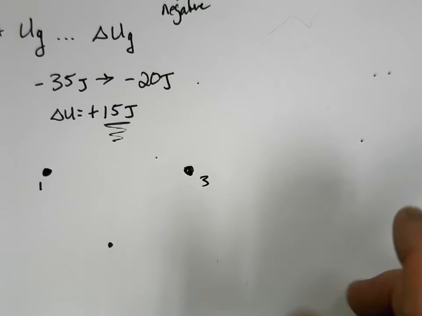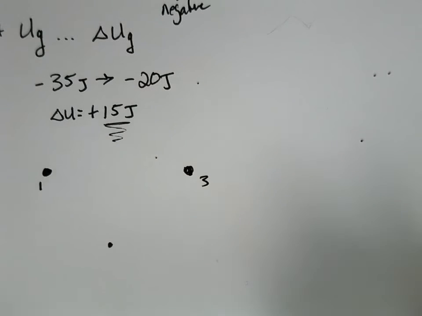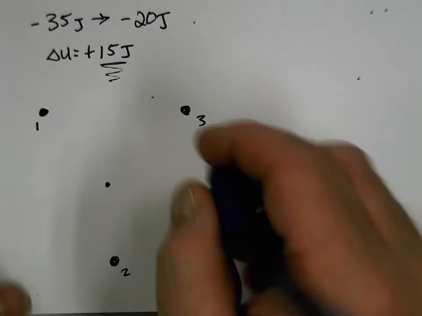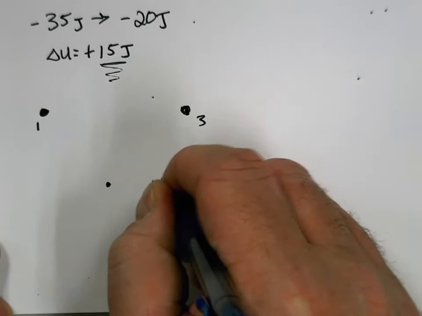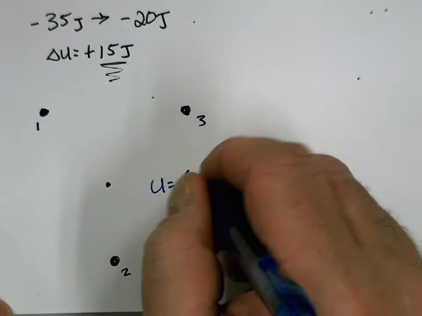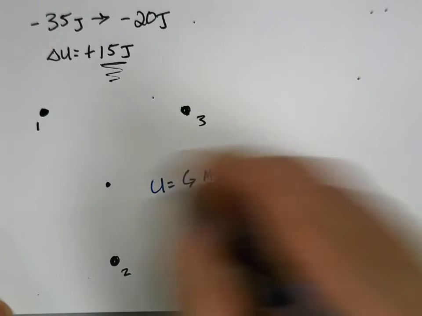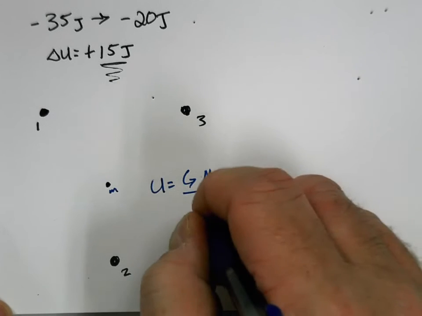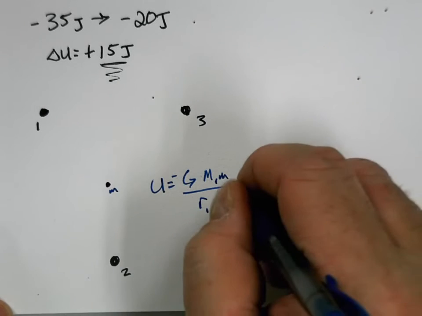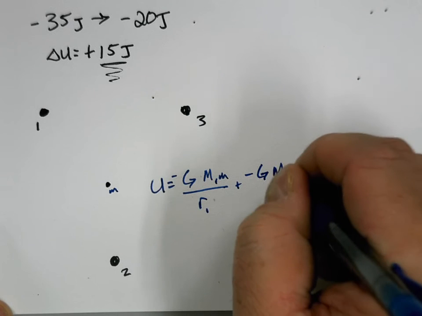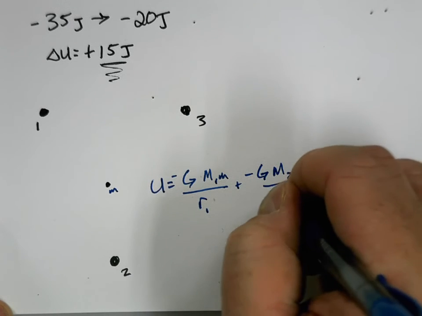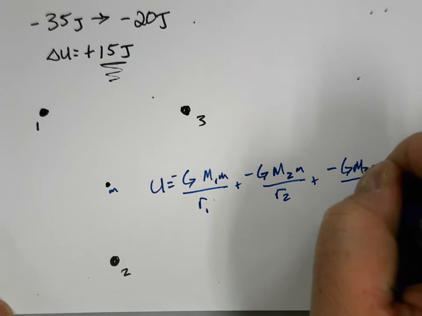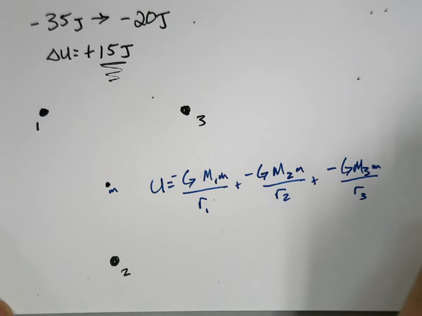The potential energy U on this object is going to equal negative G times the mass of 1 times the little mass over R1, plus negative G times the mass of 2 times the little mass over distance 2, plus negative G M3 m over R3.